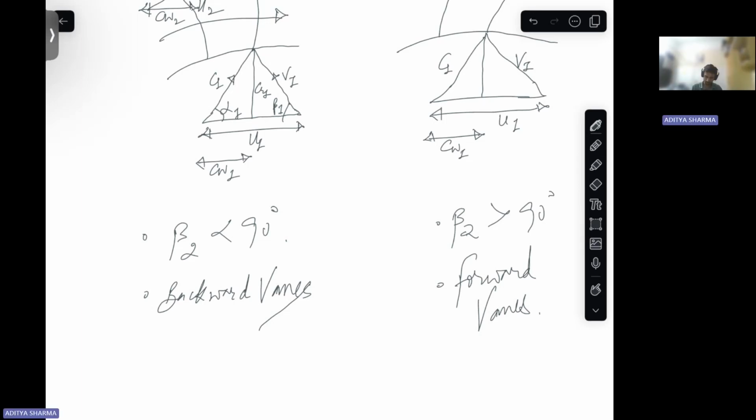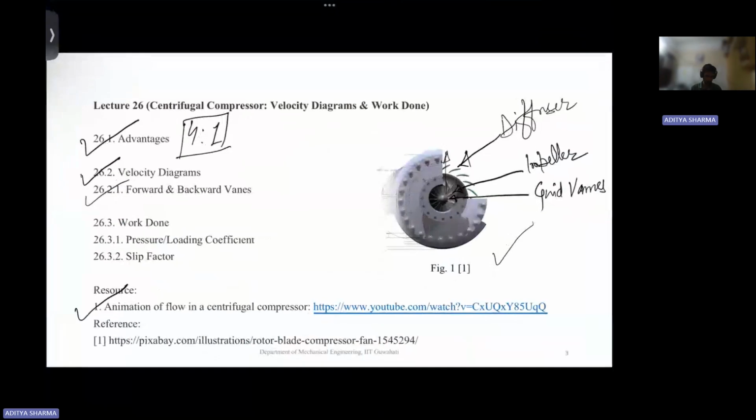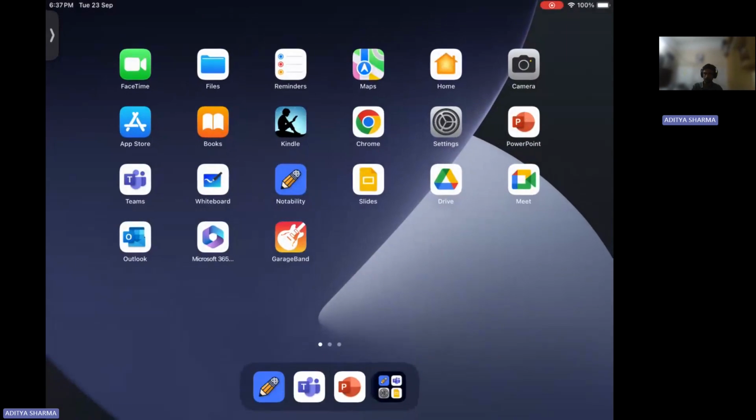Then you see work done, what is loading coefficient or pressure coefficient, and what is slip. So expression for work done.